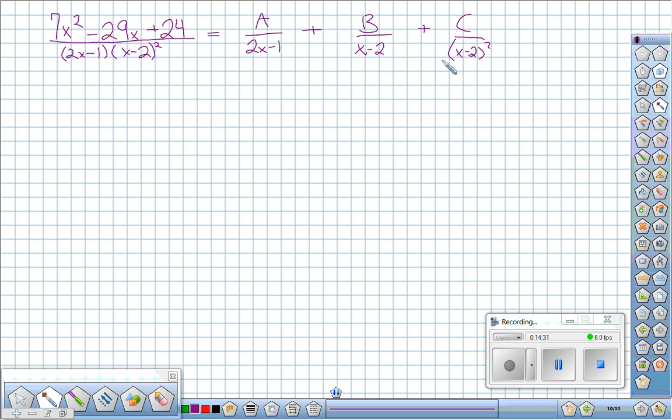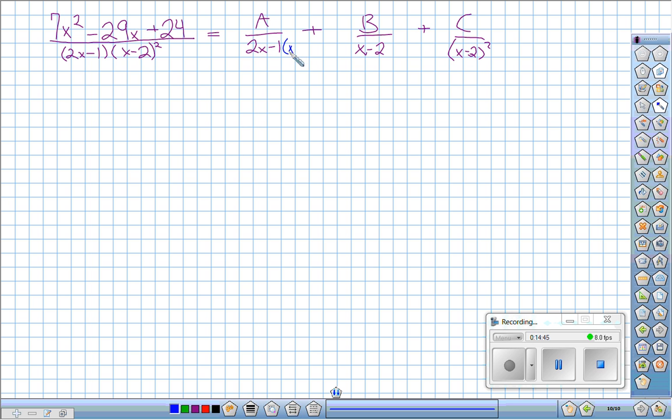So basically, we have to decide what each piece needs. So a, this first thing, this 2x minus 1, what is it missing in its denominator? It's missing an x minus 2 squared.